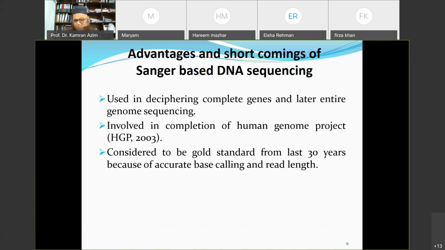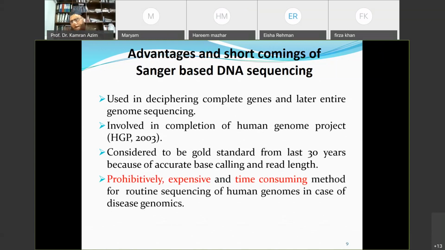However, Sanger sequencing is prohibitively expensive and time consuming, and it cannot be used for routine sequencing of the complete human genome in disease genomics and other applications.